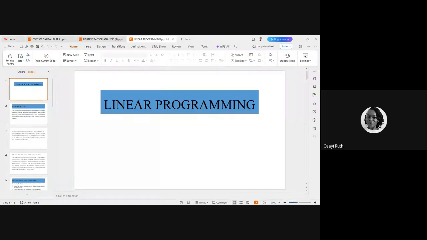After ranking, we allocate. If there is a special order, we allocate to the special order first before considering others. Then after that, we determine the profit. All right, thank you very much for that.